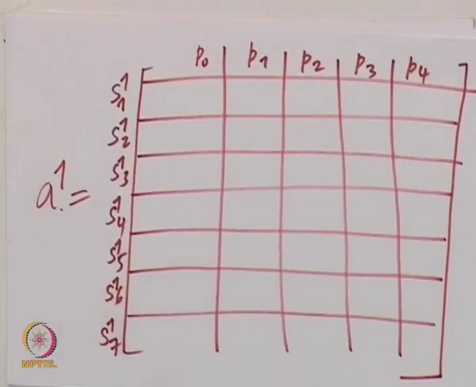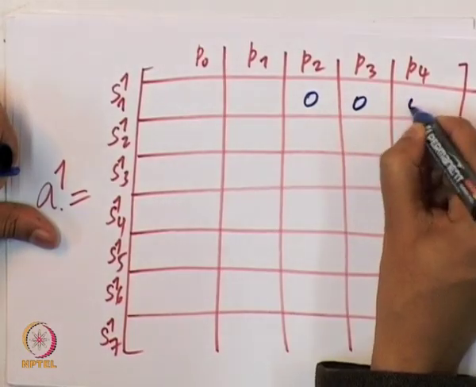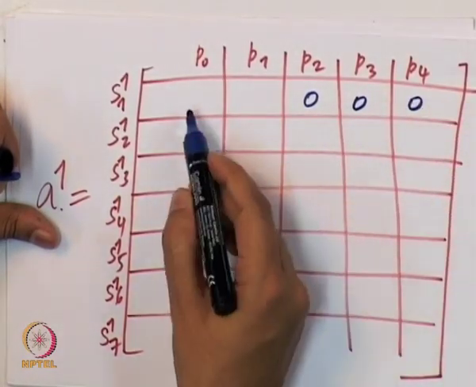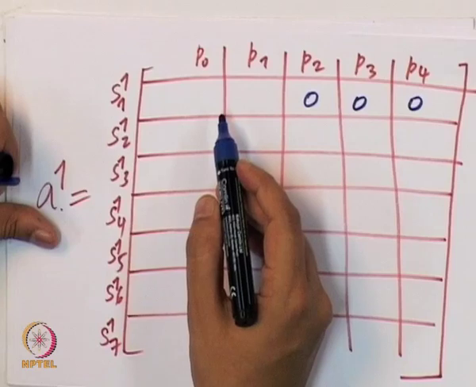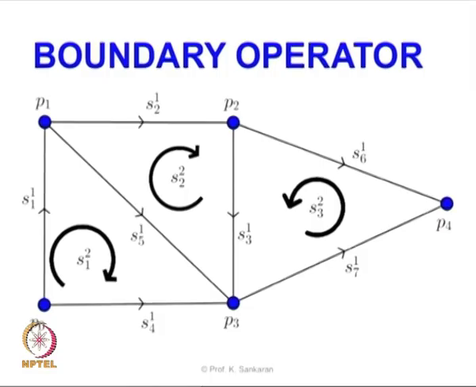Let us look at the slide. For this edge there are only P0 and P1 that are connected, and on all other nodes the entries are 0. So we can safely put 0 for all other things. For P0 and P1 we need to know whether it is +1 or -1. If it is going away, I say it is -1, and if it is going into the node, I say it is +1.